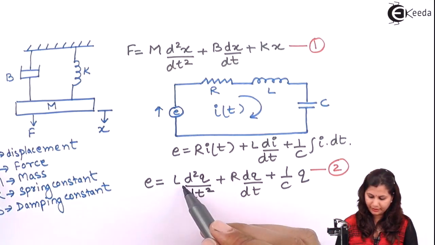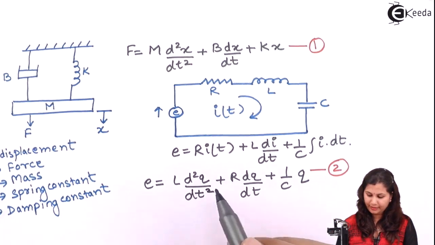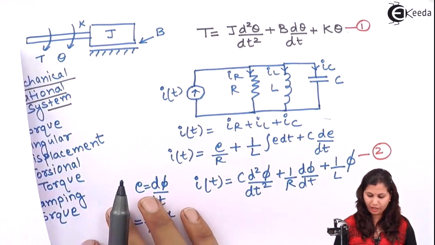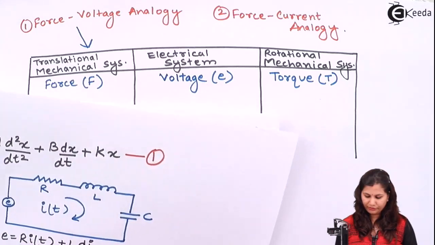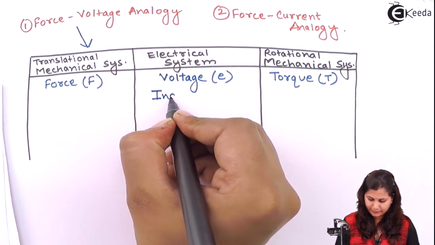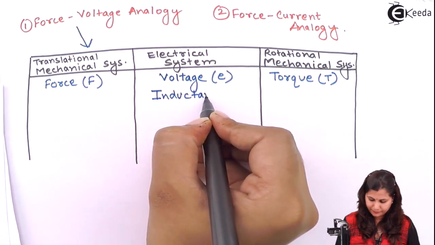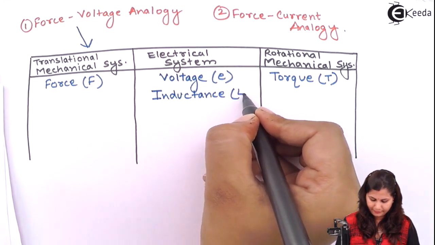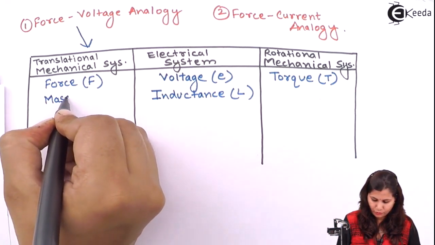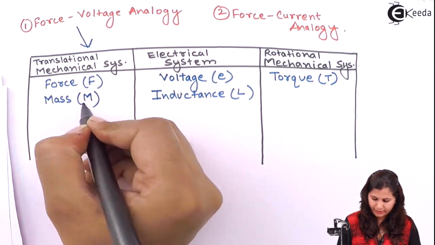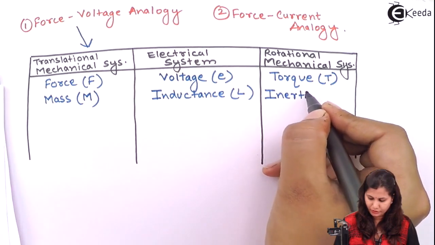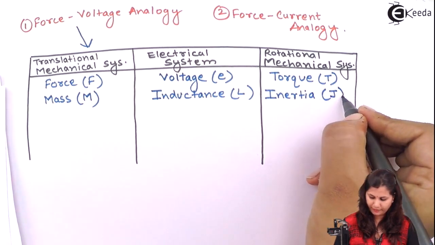This mass is equal to the inductance L, and for the rotational system it is equal to the moment of inertia J. So for the electrical system we have the inductance L, and this is equivalent to mass M, and for the rotational system it is equivalent to inertia J.